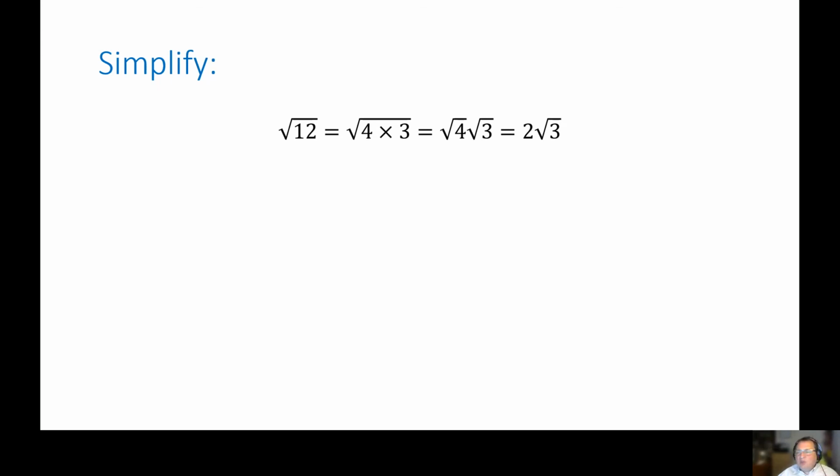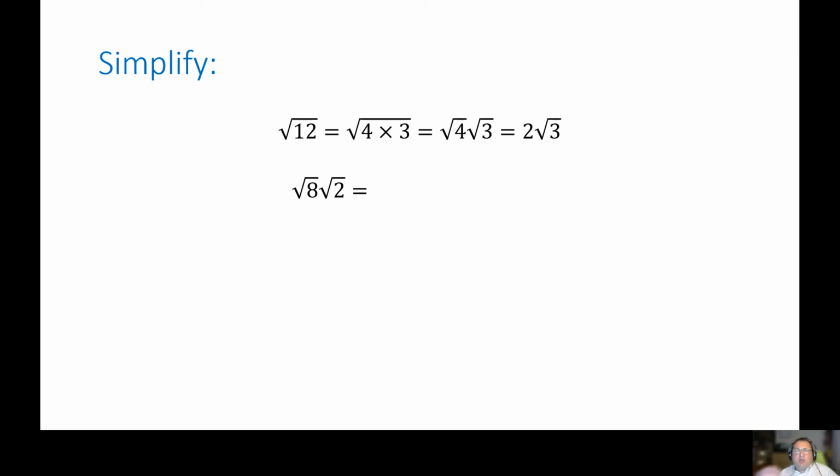Another example will be something the other way around. Let's imagine that we have something like this: square root of 8 times square root of 2. Square root of 2 is already a surd. We cannot go any further with the square root of 2. But we could go somewhat further with square root of 8. 8 is 4 times 2.